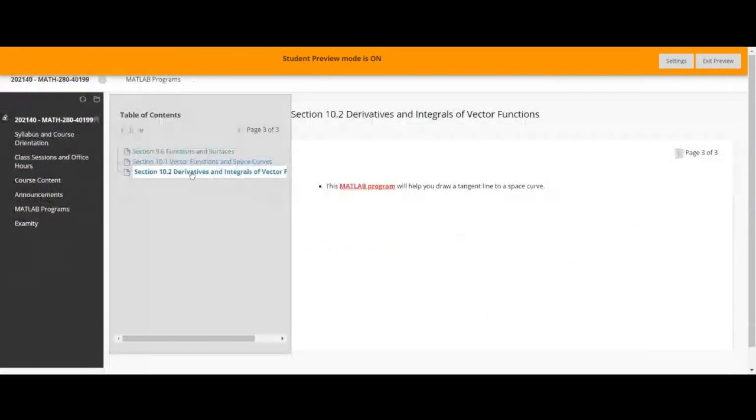And then there's section 10.2. And it says here, this MATLAB program will help you draw the tangent line to the space curve. Okay, and so that's what we're going to do. So click on that, open it up, and bring it into MATLAB. And I'll show you the program. Okay, let me bring up my MATLAB.